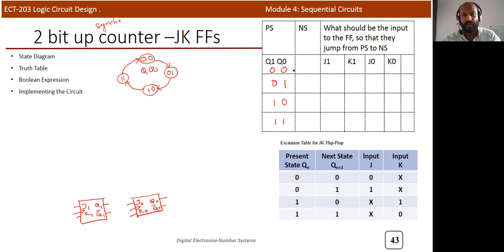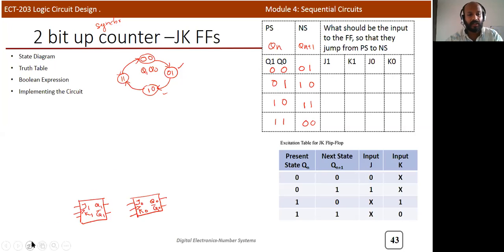Assume that the present state can be any of these 4 conditions. This is the state called Qn, and this is the state called Qn plus 1, for each of Q1 and Q0. If it is 0 0, the next state should be 0 1. From the state diagram, if it is 0 1, the next state should be 1 0. If it is 1 0, the next state should be 1 1. If it is 1 1, the next state should be 0 0. So you can fill in the present state and next state.